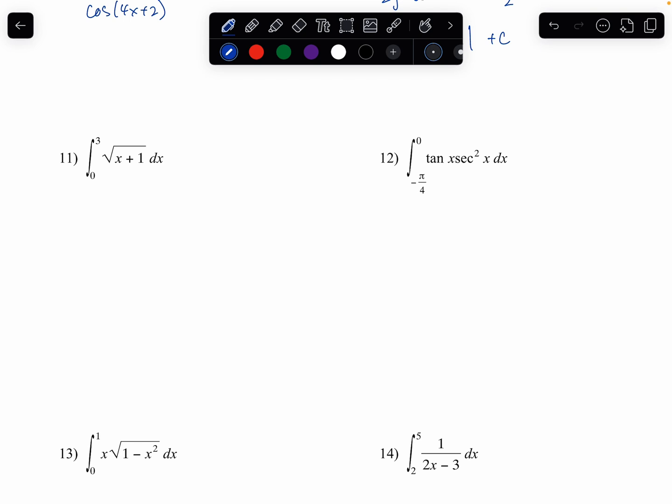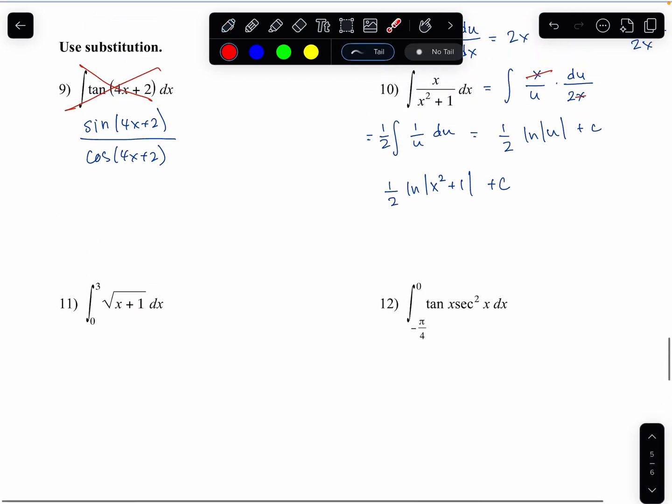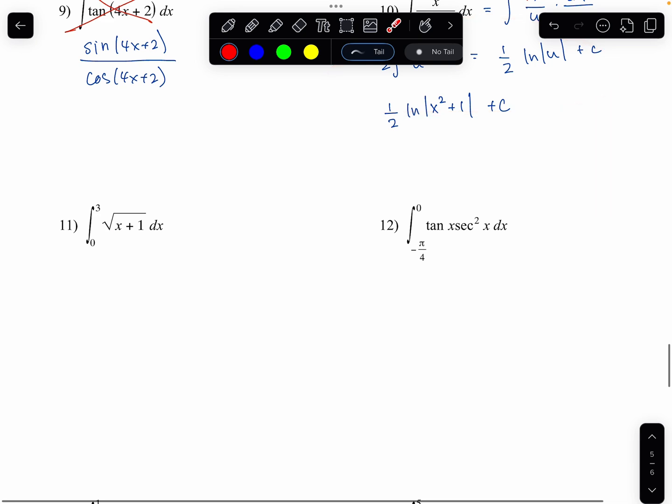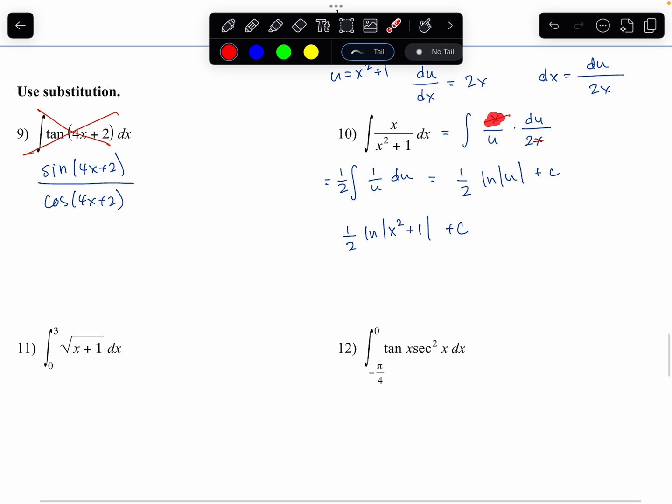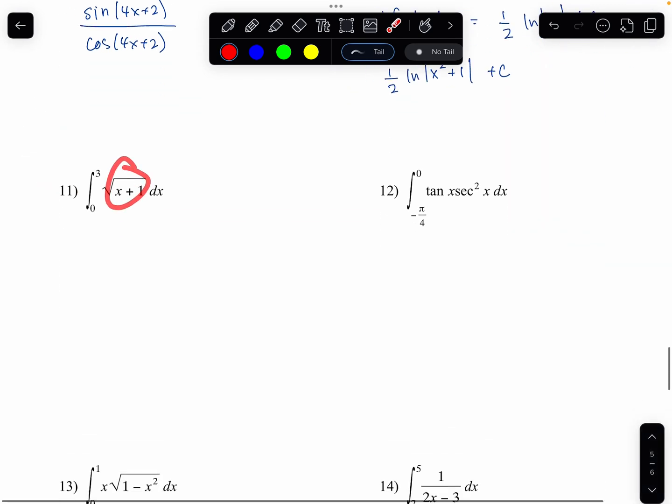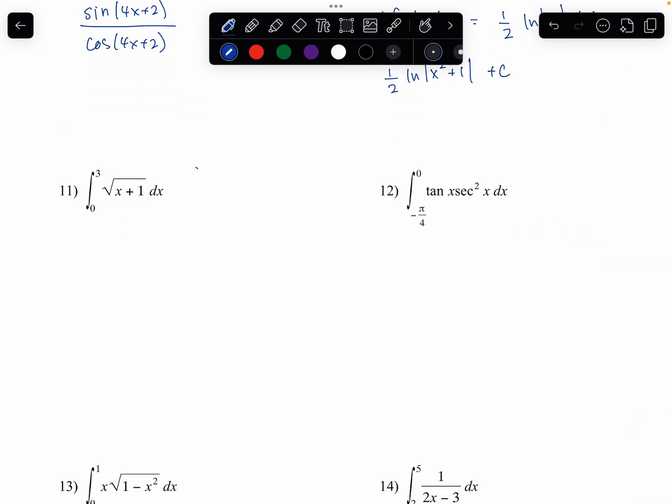But here's the thing, because the derivative of the inside is 1, I'm honestly not going to go through the trouble of using this whole process of u substitution, because I don't have to eliminate, like in this one right here, I don't have to eliminate x. So putting in u, I'm going to get du is equal to dx, essentially. So I don't have to eliminate another part. There's no other part to eliminate. So I'm just going to treat this like the integral from 0 to 3 of the square root of u du.